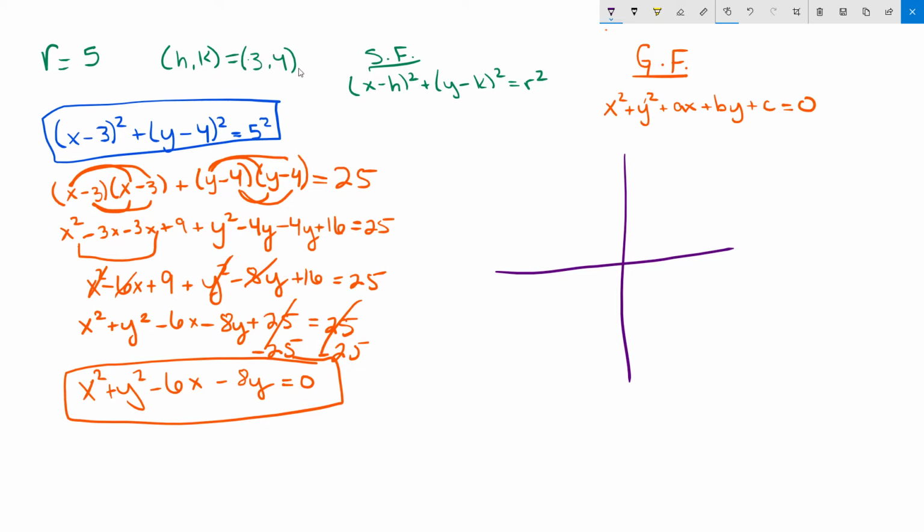So we're going to go 3 and 4. So we're going to go 1, 2, 3, and then we're going to go up 4. 1, 2, 3, 4. And by no means is my graph going to be at all accurate, so no worries there. So we have our point here, which is our center, at 3, 4.